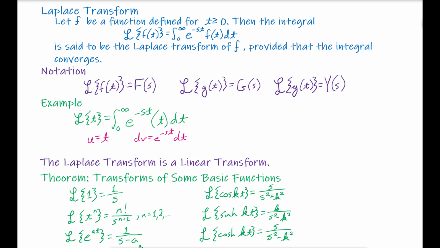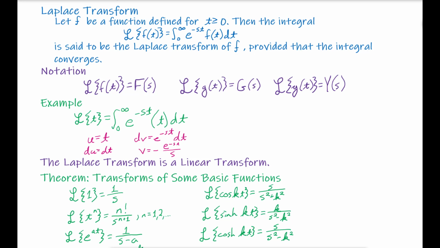So we'll choose u equals t, since we can take the derivative of that incredibly easily, and it gets simpler when we do. And we'll choose dv equals e to the negative st dt, since we can integrate that. So taking the derivative of u, we get du equals dt. And taking the integral of dv, we find that v equals negative e to the negative st divided by s.